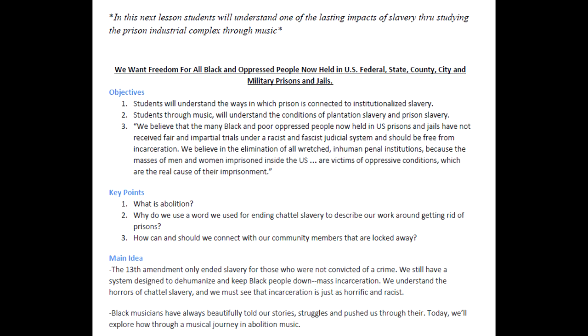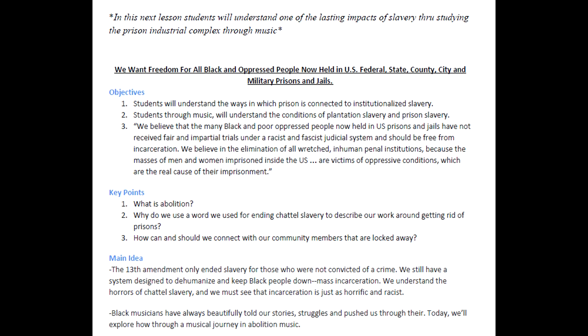Unquote. Key points. 1. What is abolition? 2. Why do we use a word we used for ending chattel slavery to describe our work around getting rid of prisons? 3. How can and should we connect with our community members that are locked away?